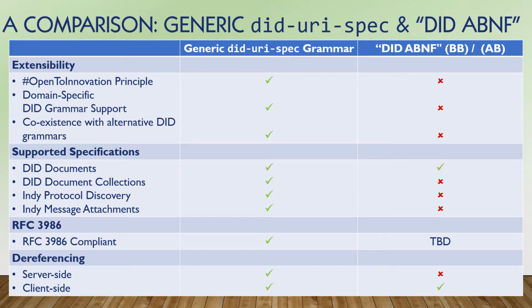The did ABNF uses the #, and the prevailing discussions indicate that dereferencing of a did document fragment using the # should be done locally, because that's the way that HTTP URLs and HTTP browsers operate.